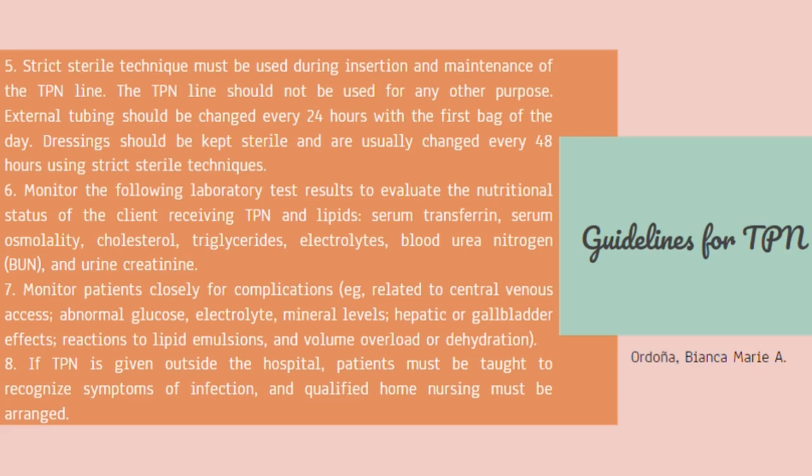Seventh, monitor patients closely for complications such as those related to central venous access, abnormal glucose, electrolyte, mineral levels, hepatic or gallbladder effects, reactions to lipid emulsions, and volume overload or dehydration. Eighth, if TPN is given outside the hospital, patients must be taught to recognize symptoms of infection, and qualified home nursing must be arranged.